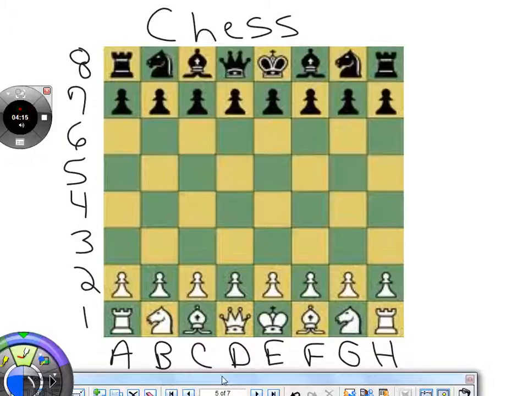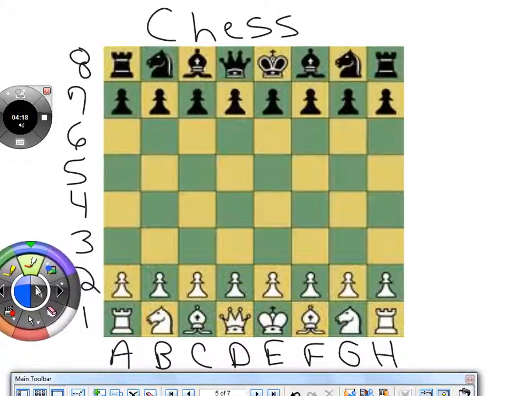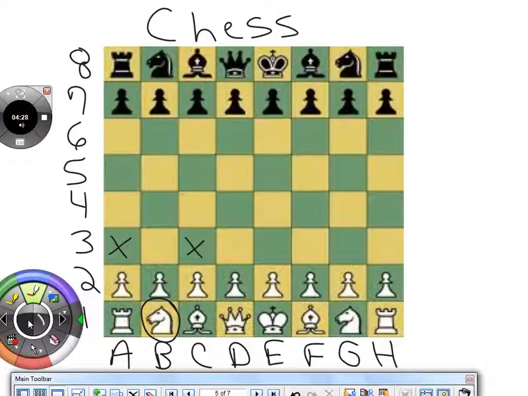So when you tell people how you're going to move, for example, if I want to move this knight, it's called a knight, I can move it in this spot, and I can move it in this spot. So the way you do it is you say, I'm going to move the knight from B, it's in the location of B1.